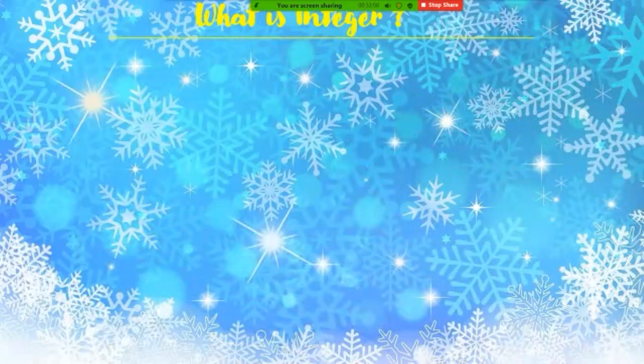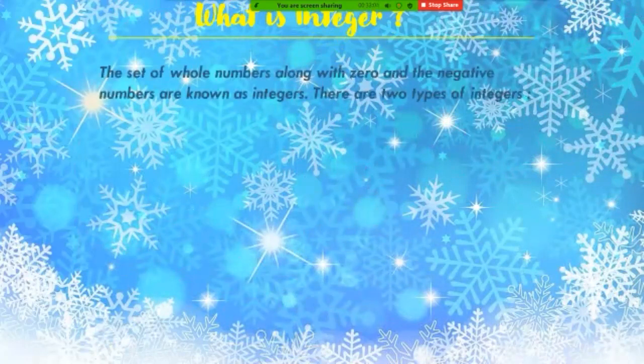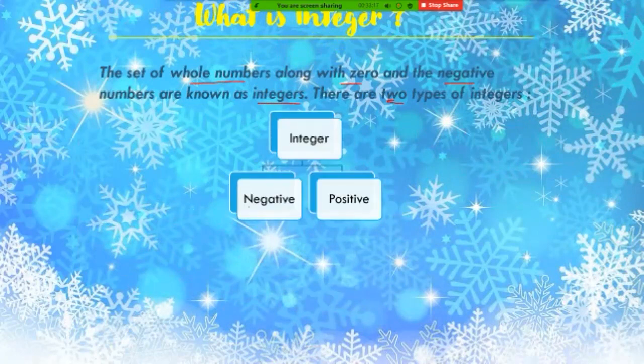What is an integer? The set of whole numbers along with 0 and the negative numbers are known as integers. There are two types of integers: the first is negative and the other is positive.